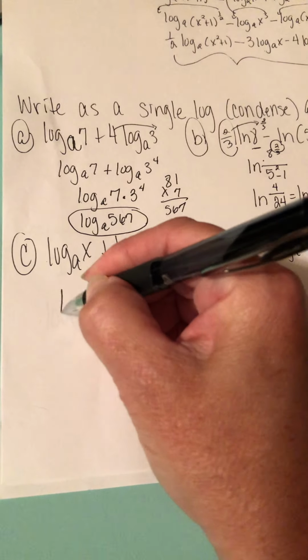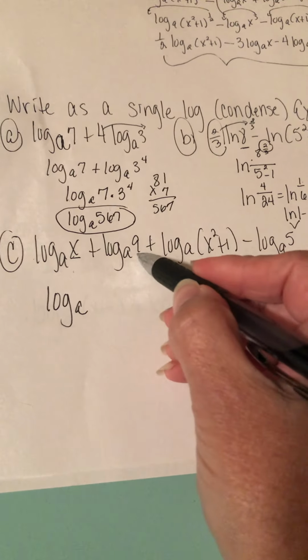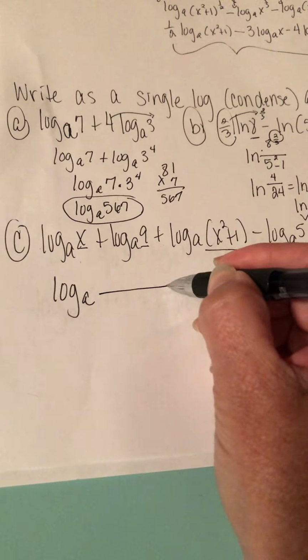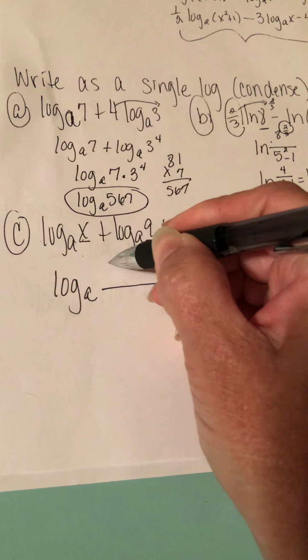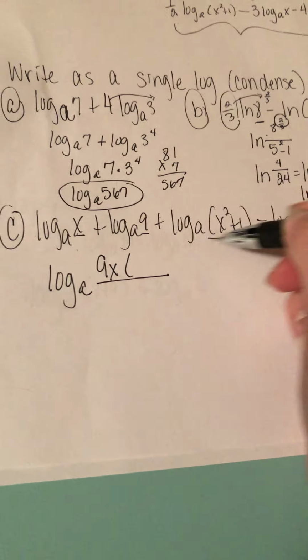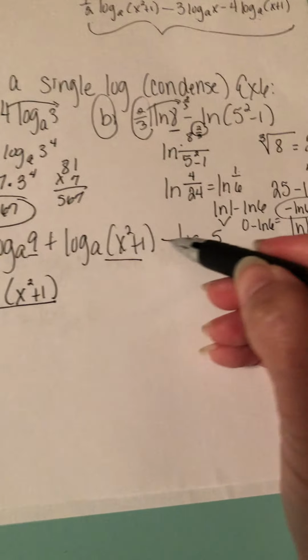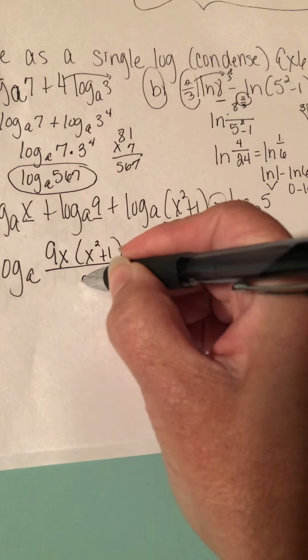Go ahead and pull the log base A. Now, we're going to take each part of this addition, and we're going to multiply it together in our numerator. So we'll have x times 9, well, I know that's 9x, times x squared plus 1. Now, in my denominator, which will be behind the minus sign, I just got a good old 5.